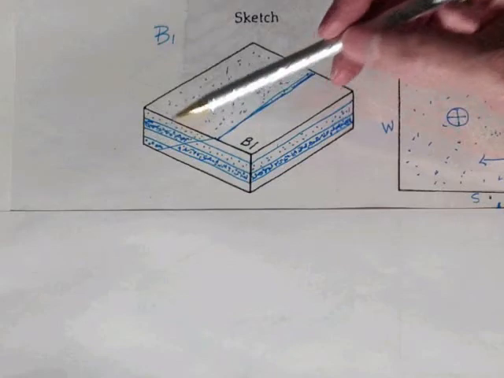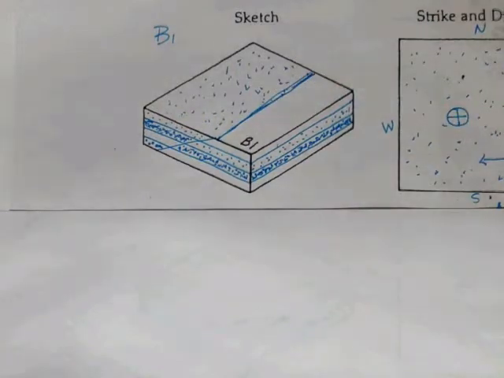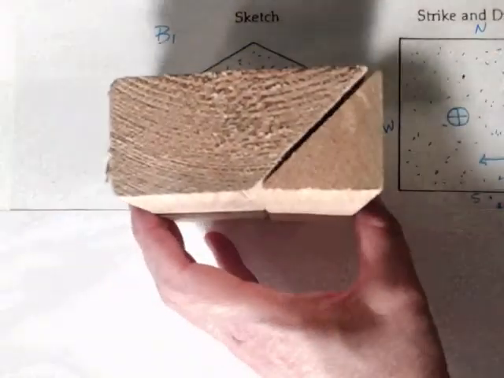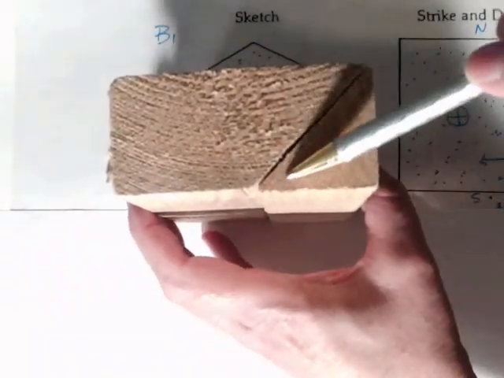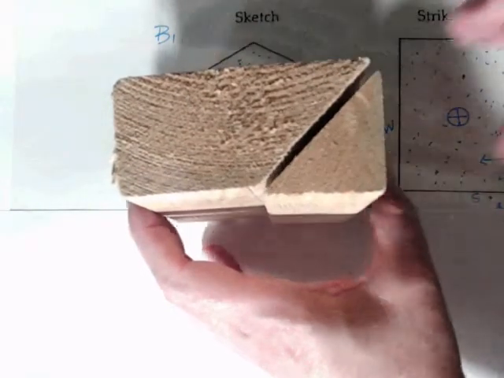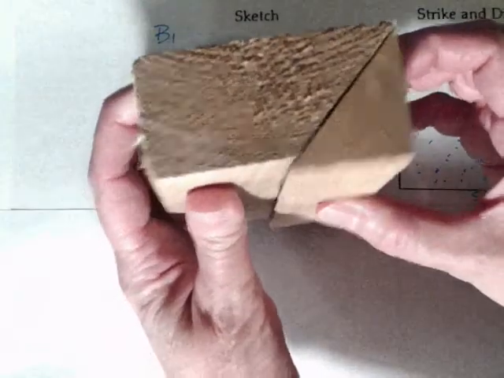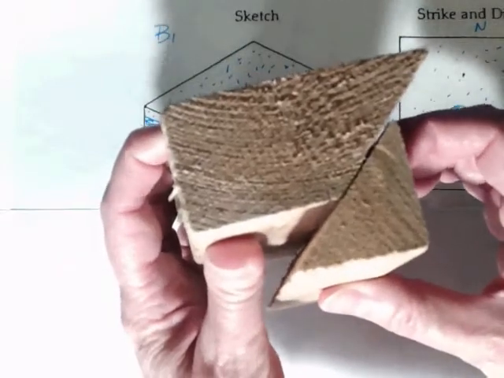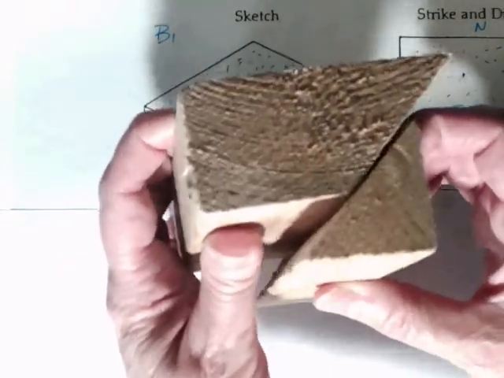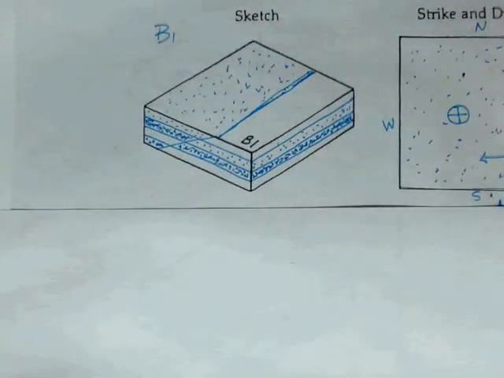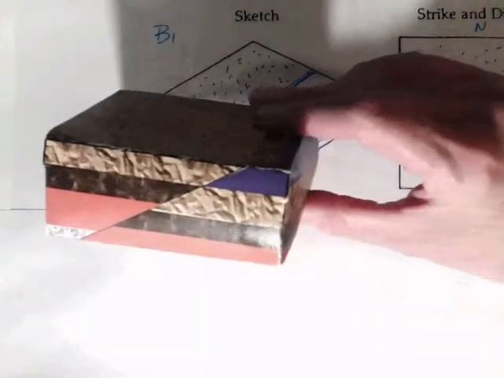And there has been motion. So what I've got here are my blocks again. Here would be the hanging wall and there would be the foot wall, and this west side of the block has gone up and over, so we're kind of coming together here, and that one went up and over. So the hanging wall moved up in relationship. And that's why we're seeing the difference here of those layers. Let me see if this one will show it a little bit better.